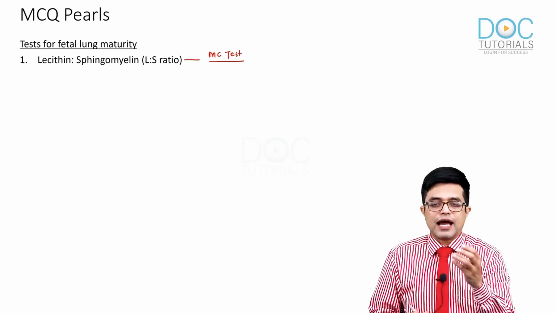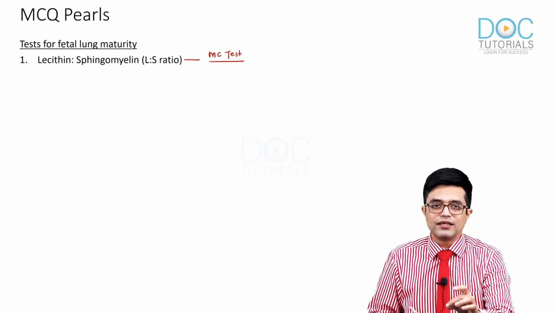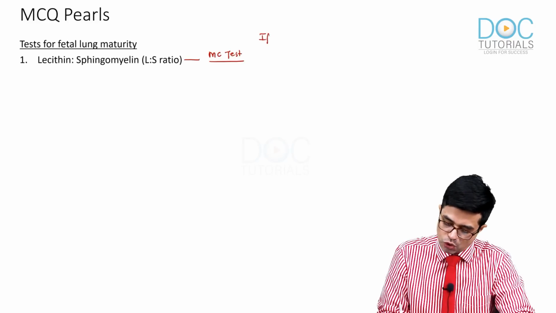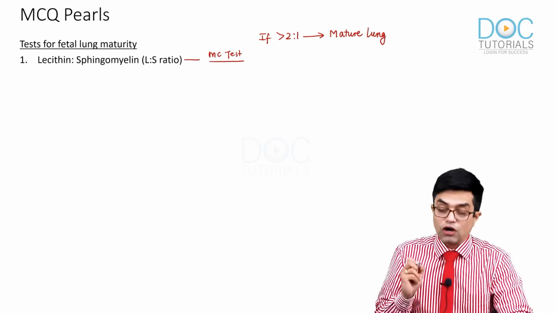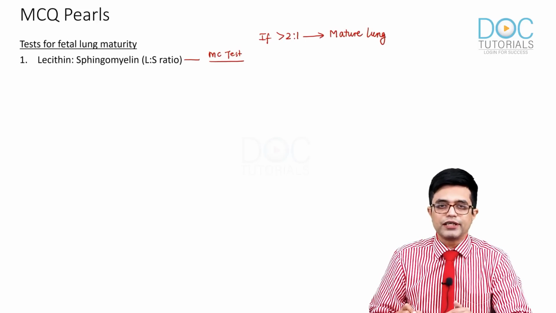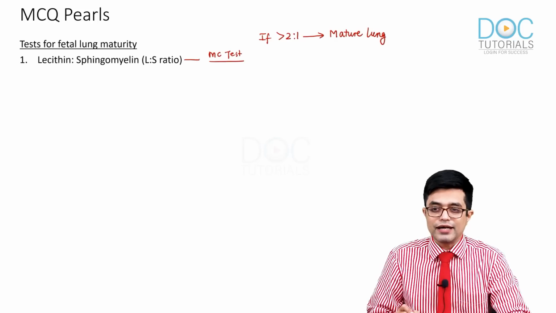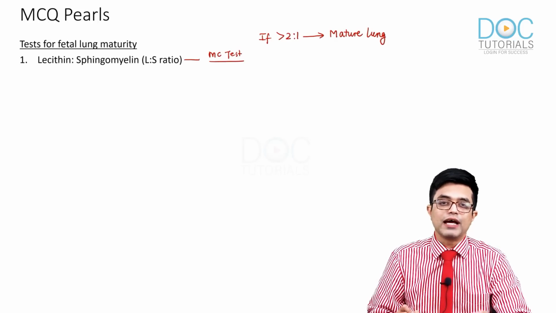We take amniotic fluid, check the lecithin content, check the sphingomyelin content and take the ratio of that. If the ratio is more than 2:1, it indicates that the lung is mature. So it indicates maturity of the lung. However, there is a caveat here. This LS ratio can be affected by multiple conditions, including contamination of blood, and sometimes false values can be produced in infant of diabetic mother.